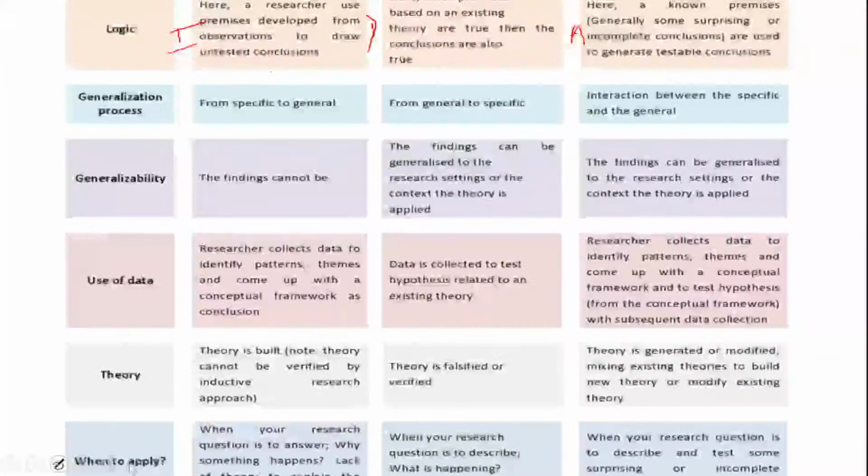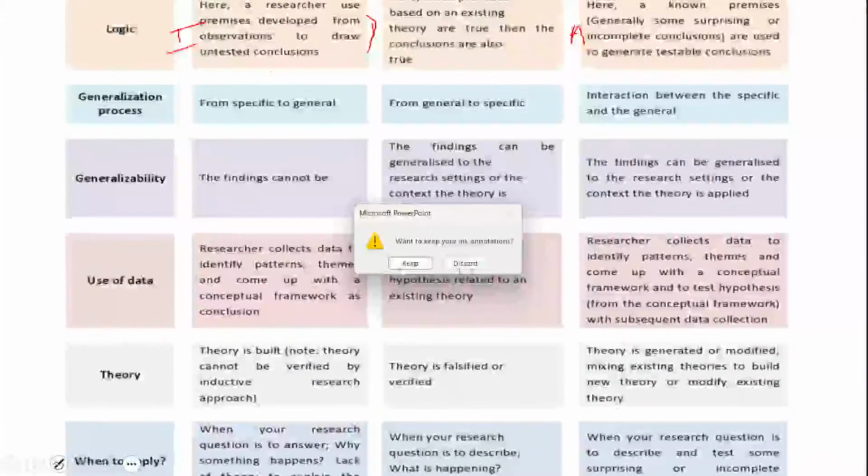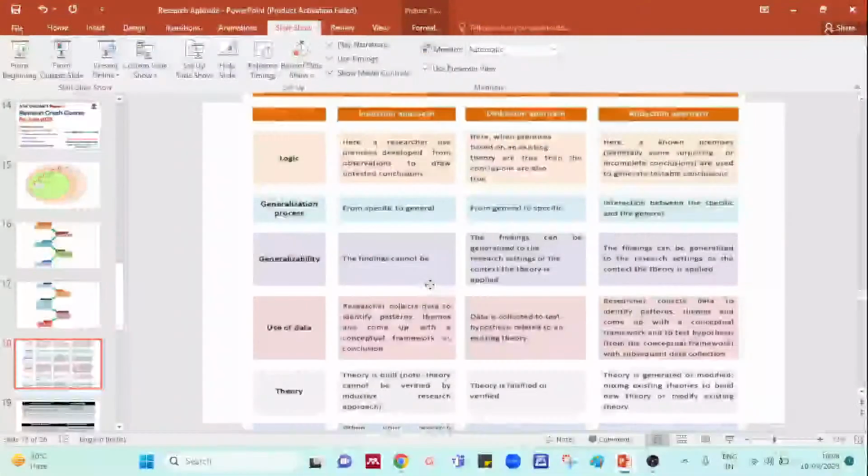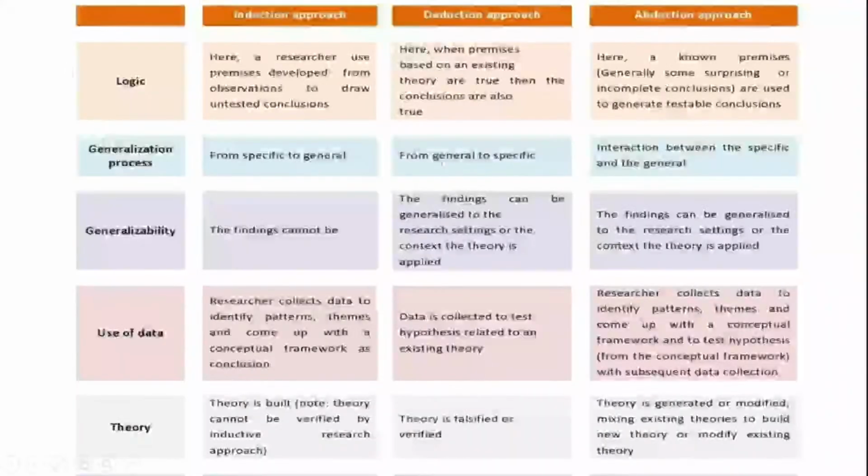I'll adjust the slide a little, because the length of the slide is a bit long. So let's see the inductive approach, deductive approach and abductive approach one by one. This is something we are going to study in a different format.